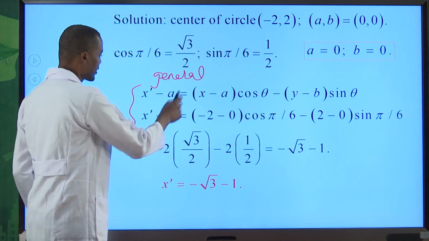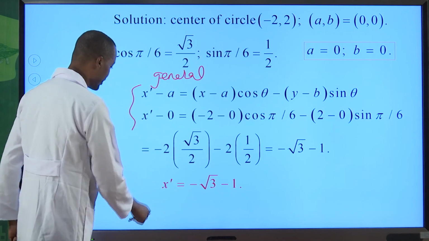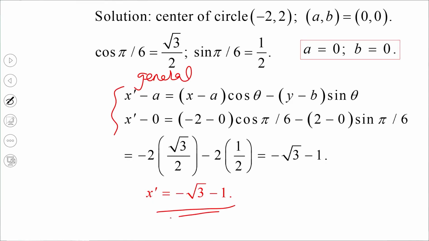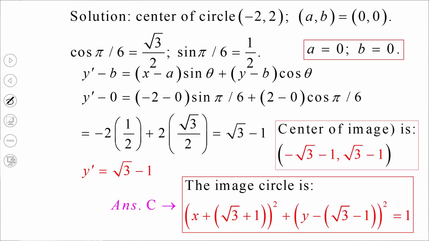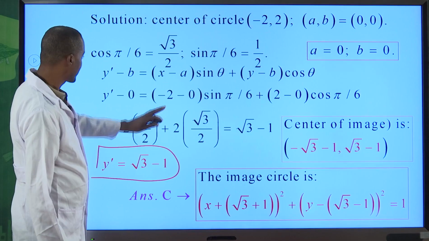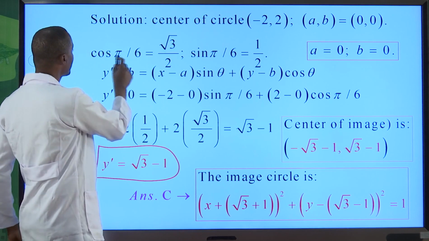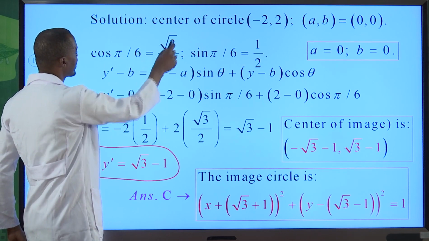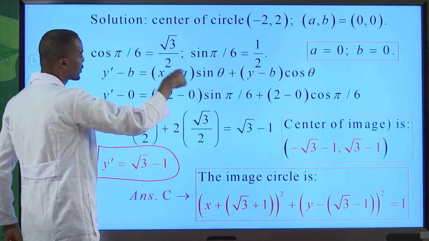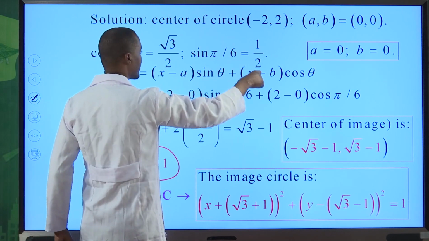When I directly substitute everything I have, I get x' equal to minus root 3 minus 1. Similarly, solving for y' by directly substituting into my formula, I get y' equal to root 3 minus 1. You simply replace cosine of pi over 6 by root 3 over 2 and sine of pi over 6 by a half.